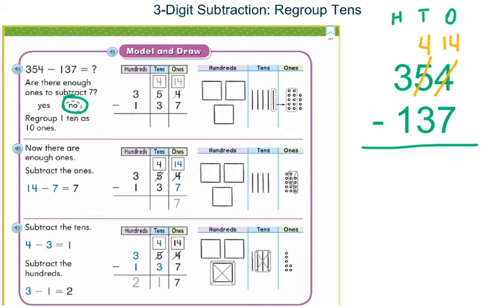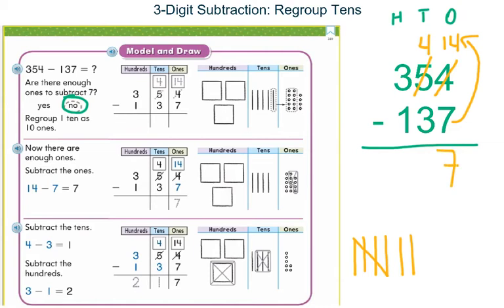Remember, we count from 7 until 14. And we say 7, 8, 9, 10, 11, 12, 13, 14. How much is that? 7. We write our 7 in the ones.